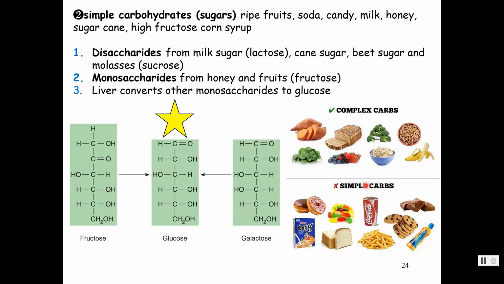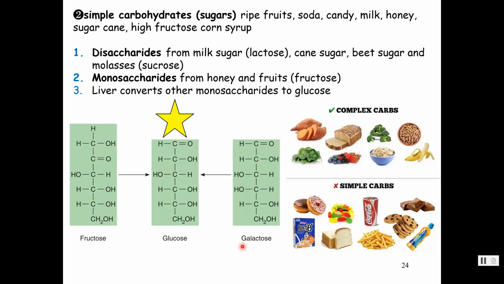Disaccharides: di means two, saccharide refers to sugar. Examples are milk sugar like lactose, cane sugar, beet sugar, molasses, or table sugar, sucrose. All of those are disaccharides, and those sugars are going to be broken down into their monomer units.